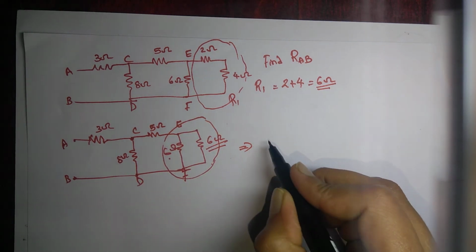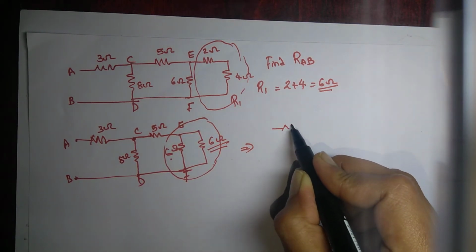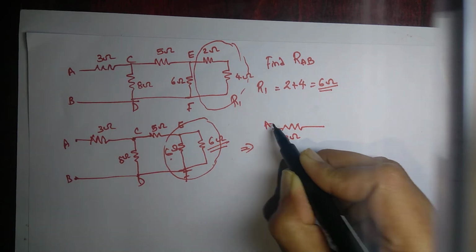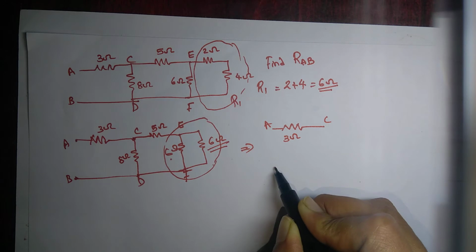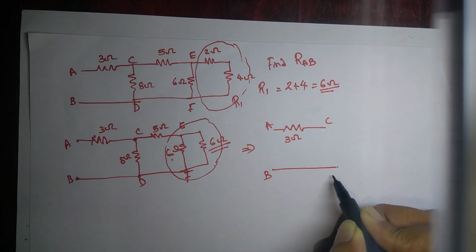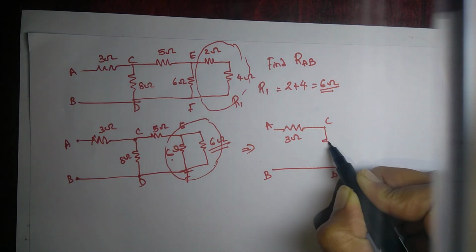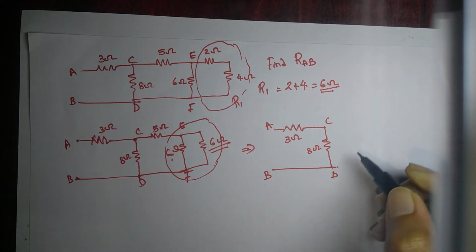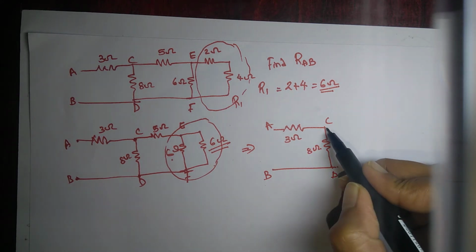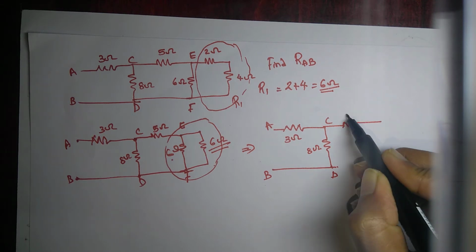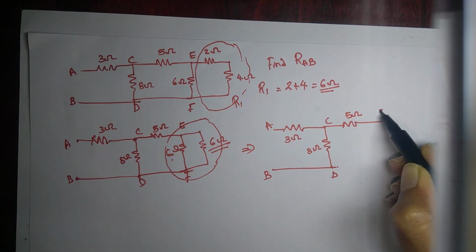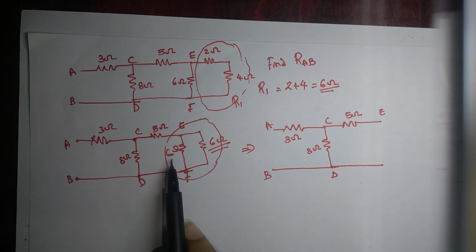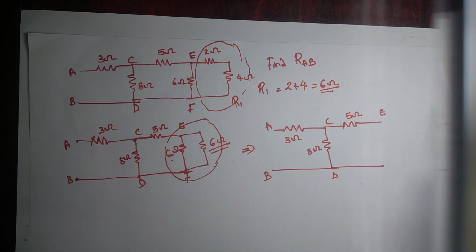So this is 3 ohm between A and C. We have B and D, and there is 8 ohm between C and D. Then we have a 5 ohm between C and D, and now we have to replace this 6 ohm and 6 ohm.